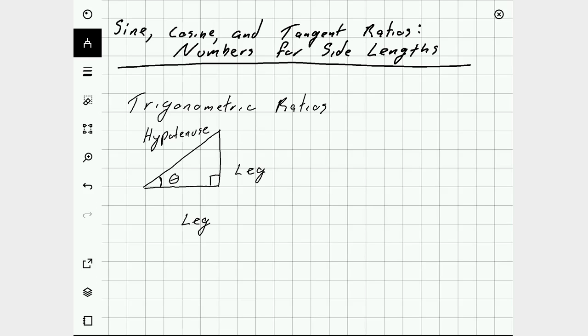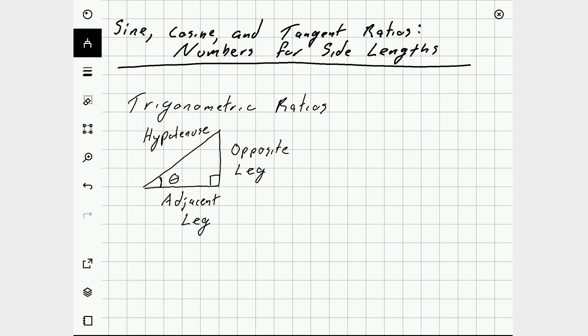So we don't just have two legs. We have a leg which is opposite the angle we called theta, and we have another leg which is adjacent to the angle we called theta.